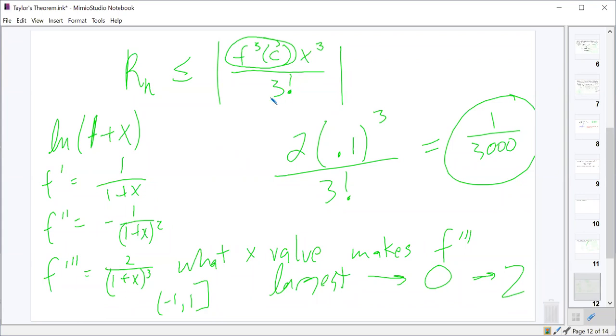When we talk about that interval, we can really just look at the interval for which this thing converges. Looking on 0 to 0.1 is not really what we want to do. We can really look between -1 and 1 for what makes this thing become the largest. I mean, that's anything between -1 and 1.